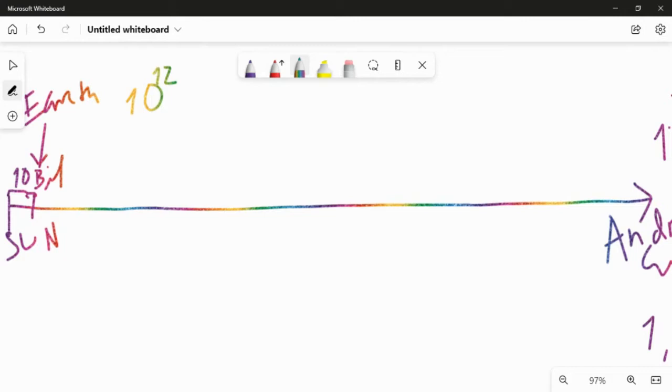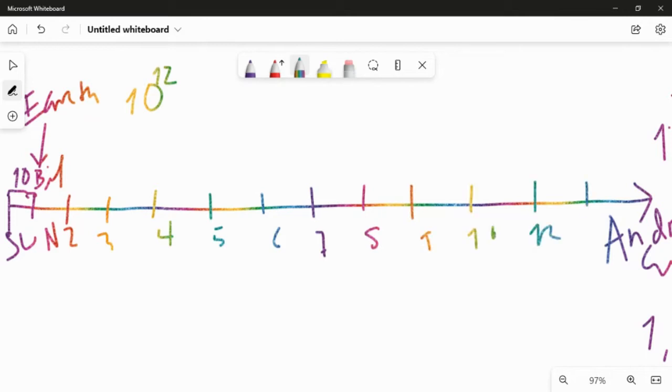You're only used to a normal scale, but if we use a logarithmic scale, that's going to be 1, 2, 3, 4, 5, 6, 7, 8, 9, 10, 12, right? And let's say 13, 14. And here, 10 to the 12. So here, there's Andromeda.